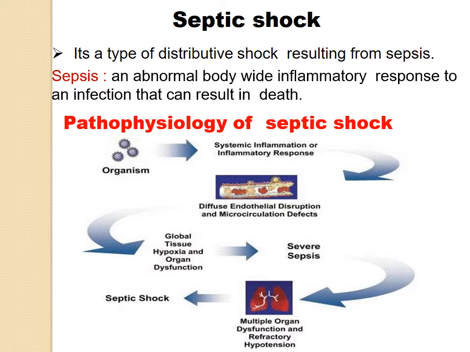If any organism enters the systemic circulation, it is responsible for a systemic inflammatory response, which leads to diffuse endothelial disruption and microcirculation defects, due to which there is global tissue hypoxia and organ dysfunction, which becomes the cause behind severe sepsis.